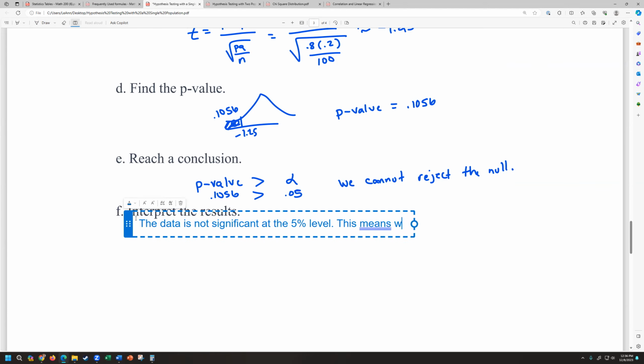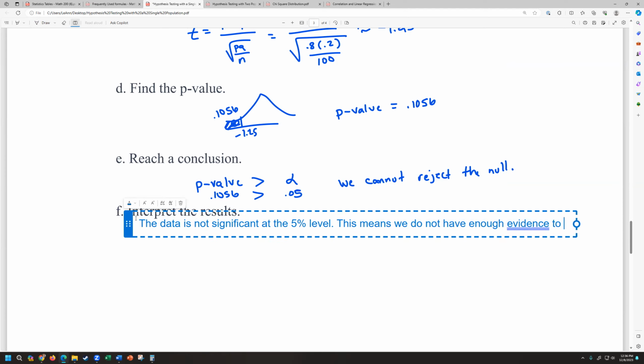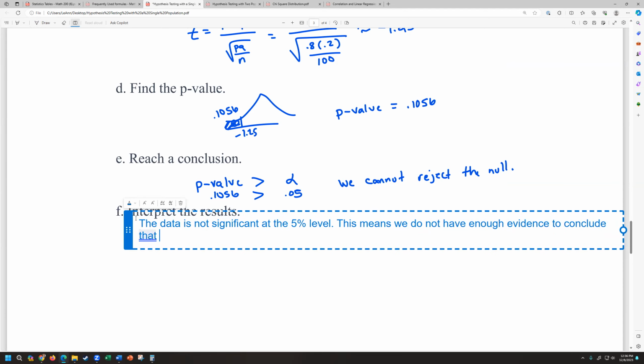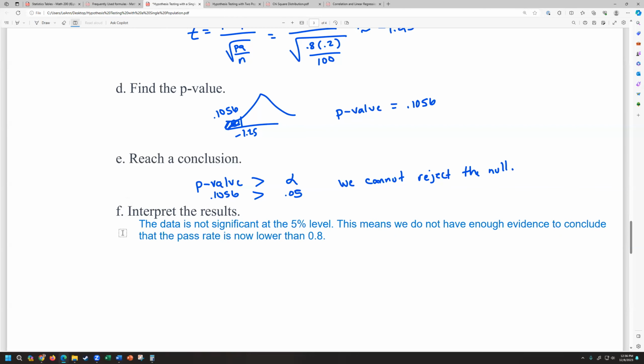This means we do not have enough evidence to conclude that, and then this is where you go back to your problem, the pass rate is now lower than the 0.8 for the population. Okay, so there is our statement for that.